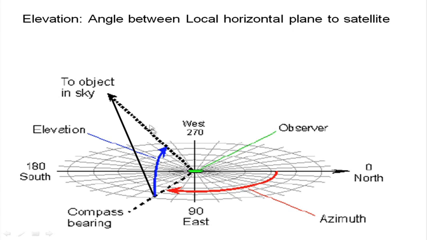This point is on the horizontal plane, where it will cut. If you draw a line from the observer to this point, then the angle from the north towards the east is azimuth, and the angle from the horizontal plane to the line joining the observer to the satellite is elevation.